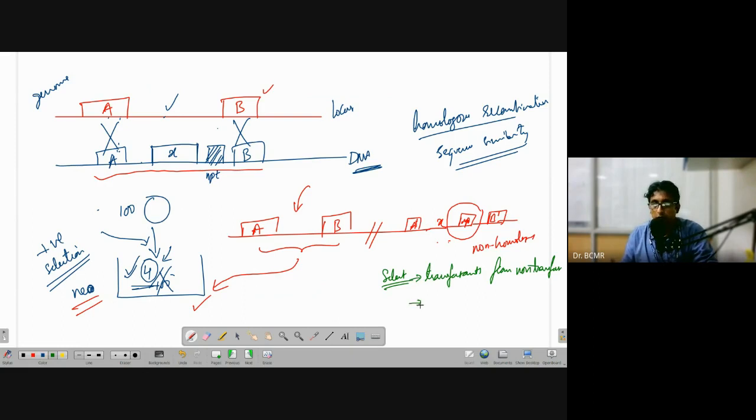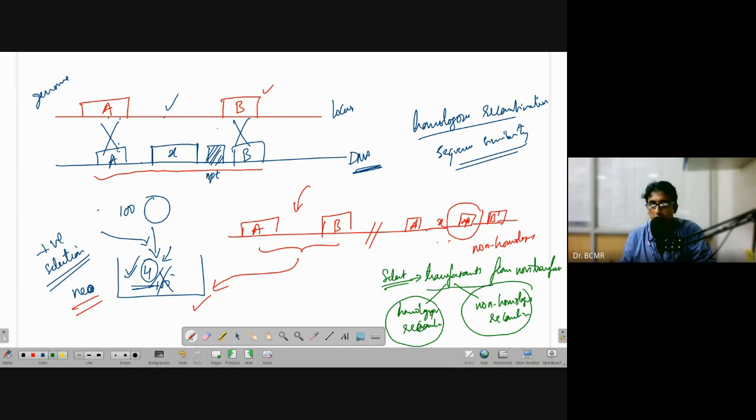Then among the transfectants, there are two categories: one, those that are integrated through homologous recombination, and those that have incorporated by non-homologous recombination. We should be able to distinguish these two, right?